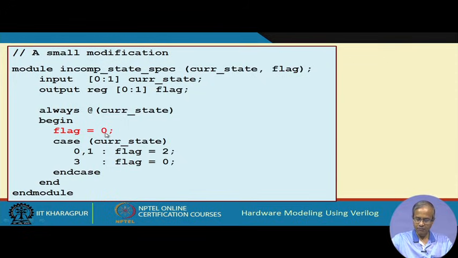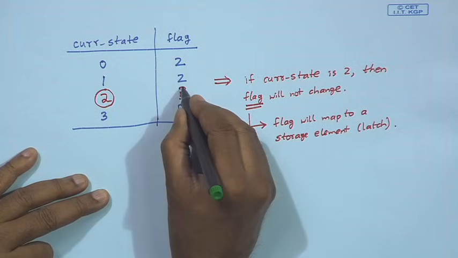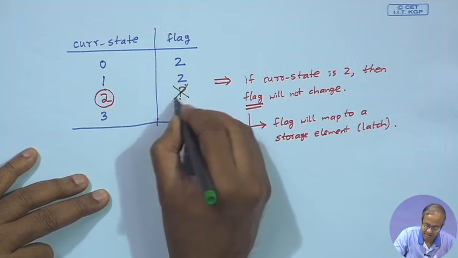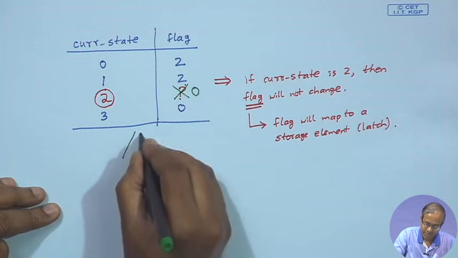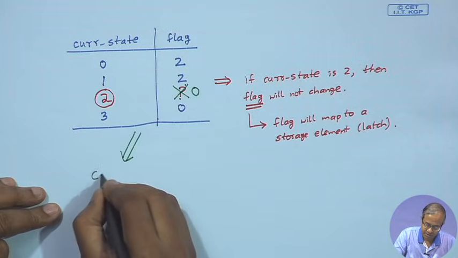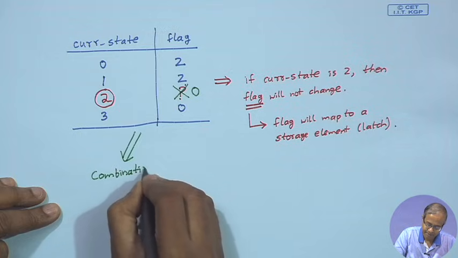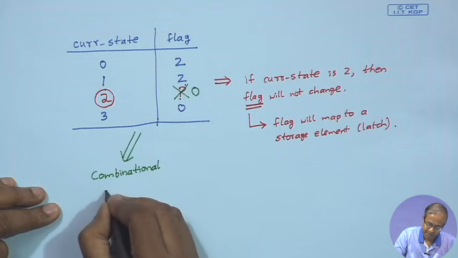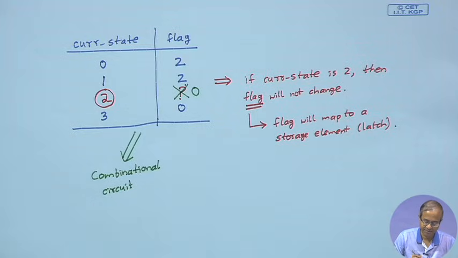So, now if we look at this truth table we had constructed earlier, instead of a question mark here, this value will also become 0. So, this will be a pure combinational circuit and there will be no latches generated.